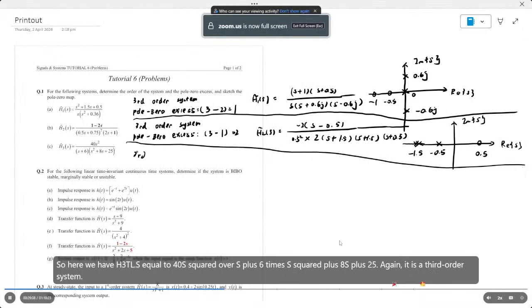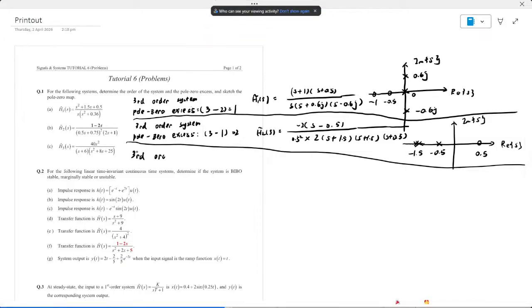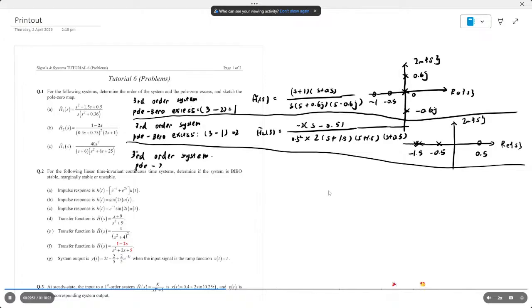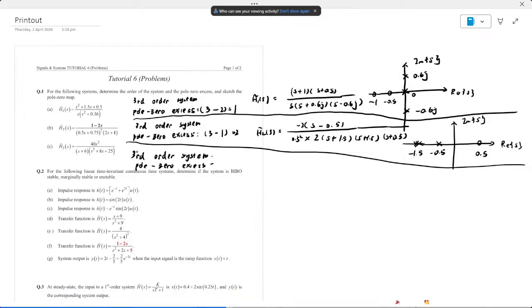Again, it is a third order system. Okay, and then the pole zero excess is equal to 3 minus 2, which is equal to 1.